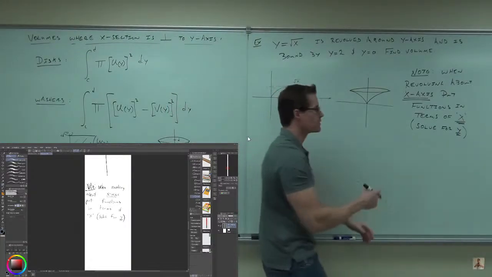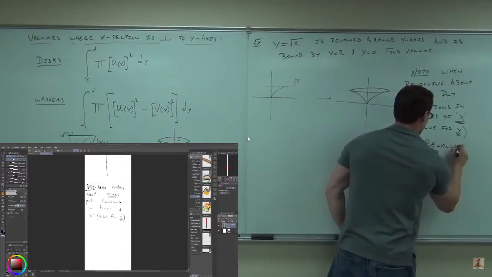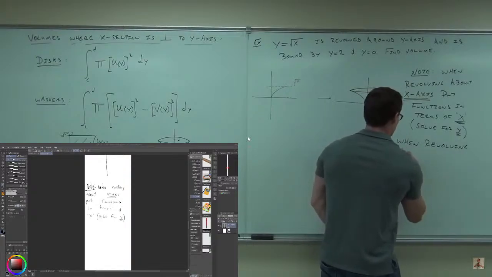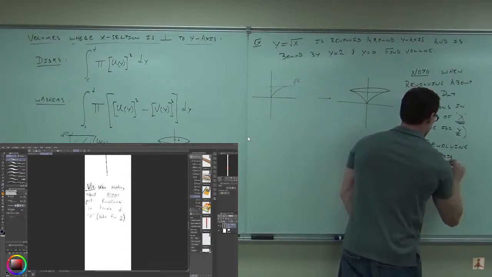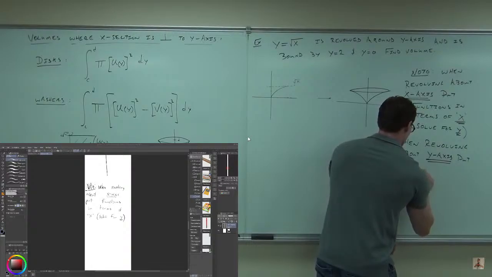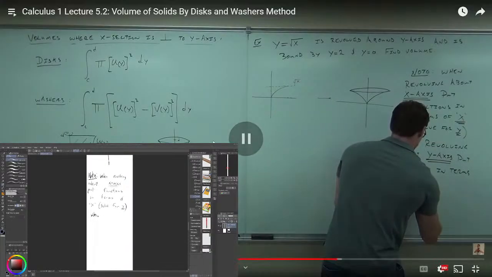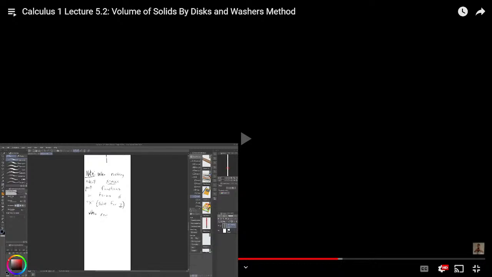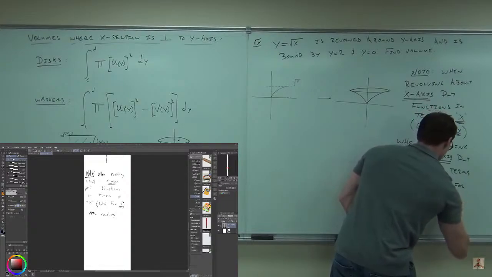It's got to be in terms of y. Solve for x. That's the idea.